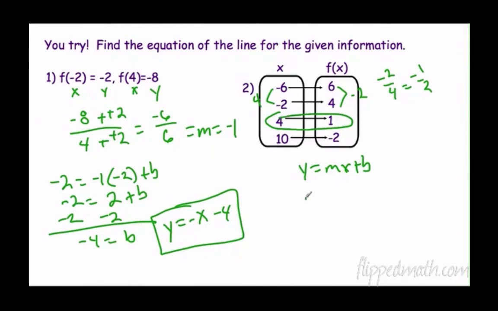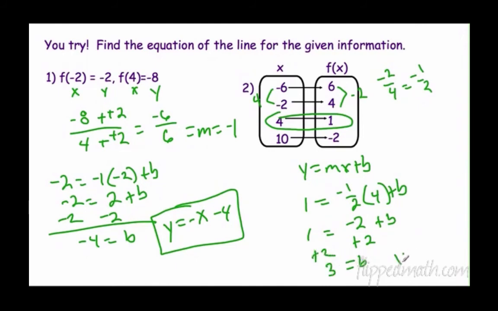So my y is 1, my m is negative 1/2, my x is 4, plus b. What's half of 4? 2. So negative half of 4 is negative 2. Add 2, and b is 3. So my equation is y equals negative 1/2 x plus 3.